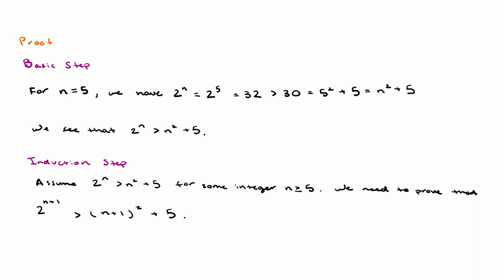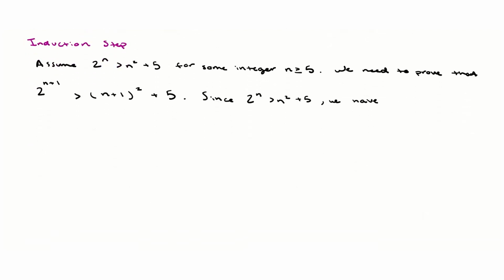This is what our induction step entails. Since we're assuming that 2 raised to n is greater than n squared plus 5, we have 2 raised to n plus 1, which equals 2 times 2 raised to n. And note that this is greater than 2 times n squared plus 5.